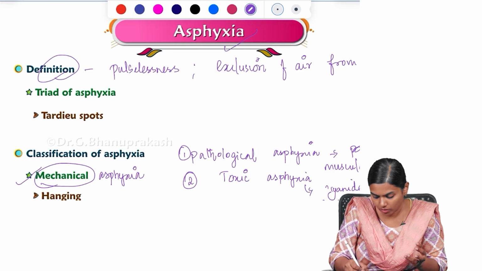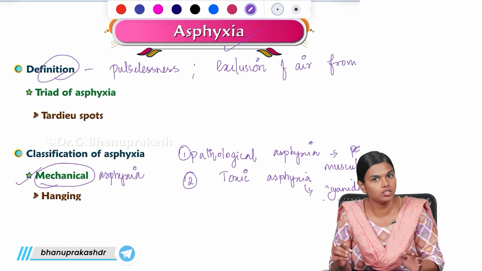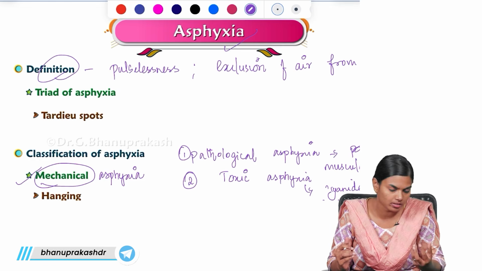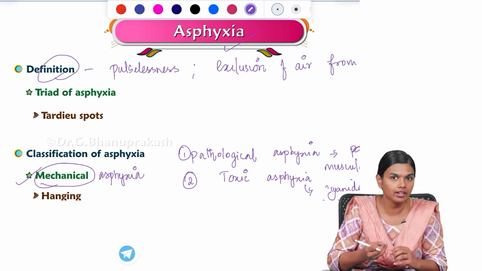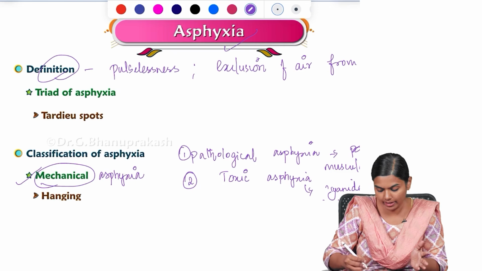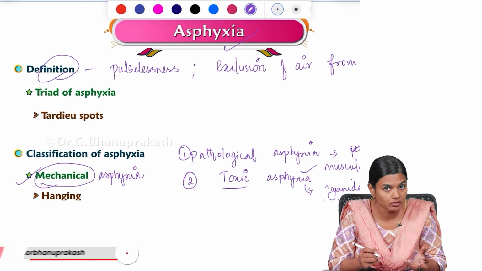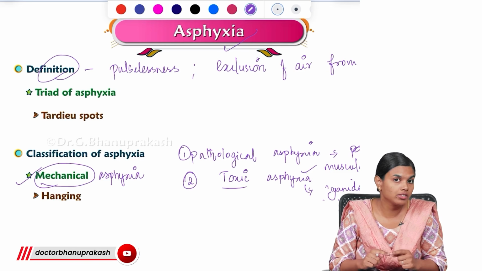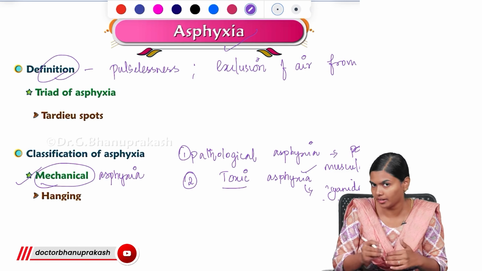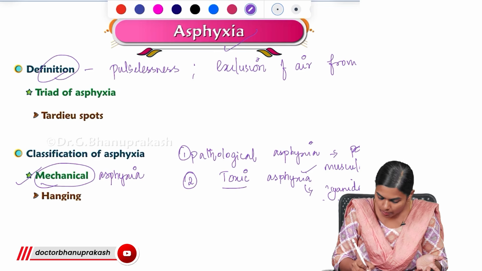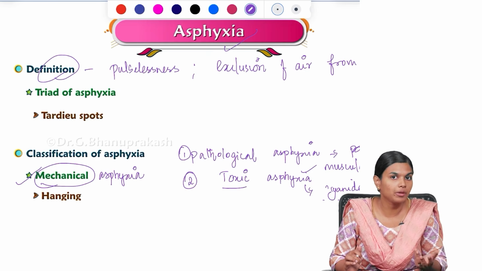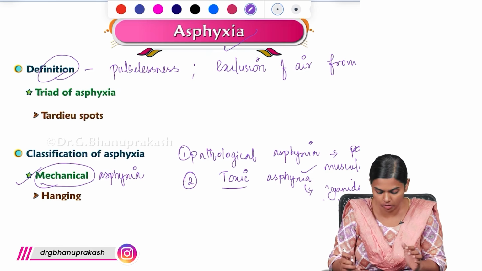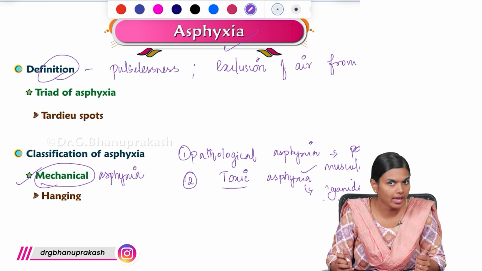Because of the histotoxicity, at the cellular level, the uptake of oxygen is inhibited by the cyanide particles. These toxic particles result in anoxia, hypoxia. That kind of asphyxia we call toxic asphyxia. Another toxic gas that can cause asphyxia is carbon monoxide. Carbon monoxide can also lead to anoxia because of its affinity to hemoglobin. That also comes under toxic asphyxia.